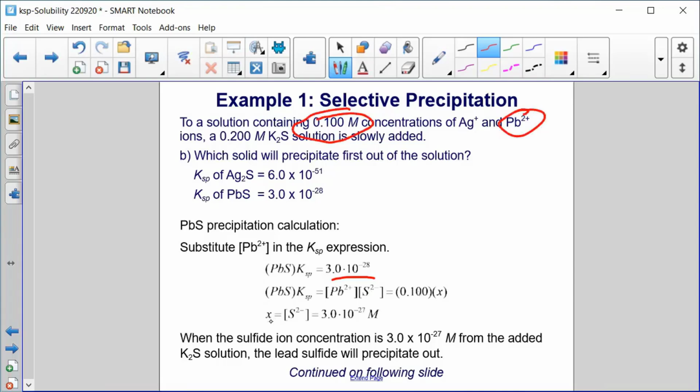We solve for the sulfide ion concentration and get 3 times 10 to the minus 27. So once we've added a concentration of sulfide ion equal to that 3 times 10 to the minus 27 from the added potassium sulfide solution, the lead sulfide will precipitate out.